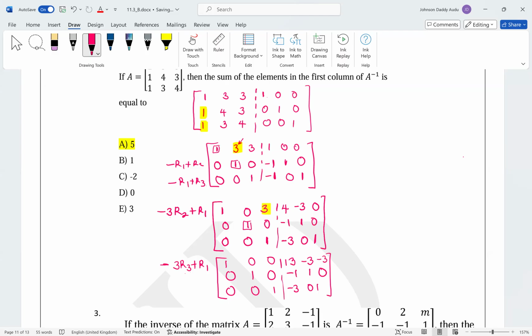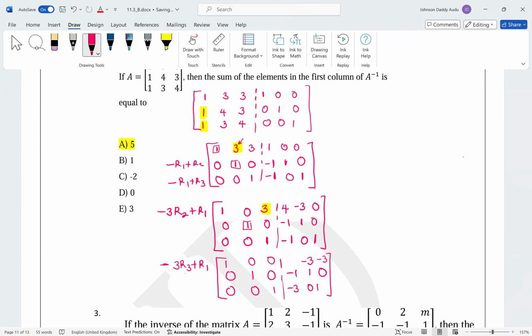So this will be 3 plus 1, which is a 4. And this is minus 3 plus 0, which is minus 3. This is good. And then this will be 0, 0, 1. And here should be minus 1. And 0 and 1. Okay.